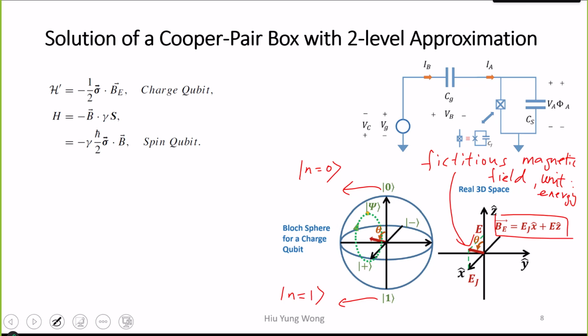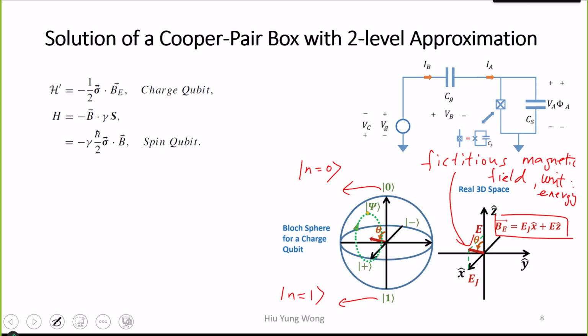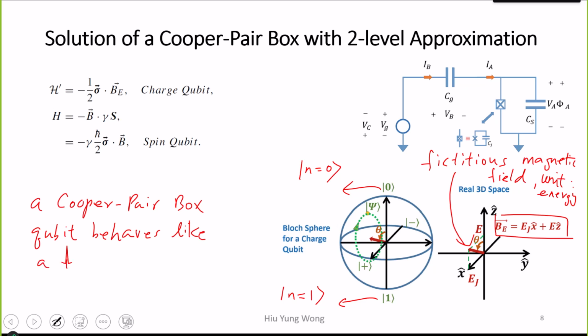So you basically can treat, or instead of treat, I would say, the Cooper pair box qubit behaves like a positive charge spin qubit.